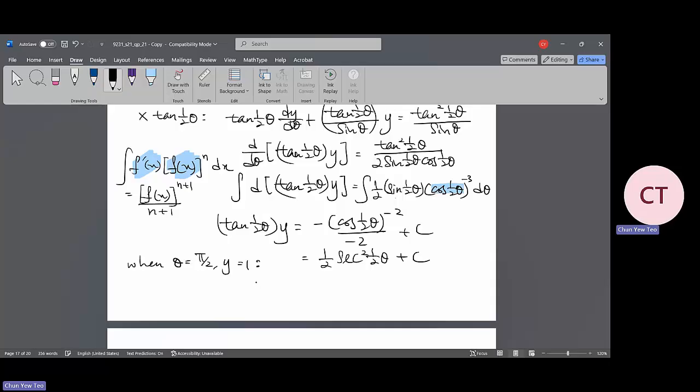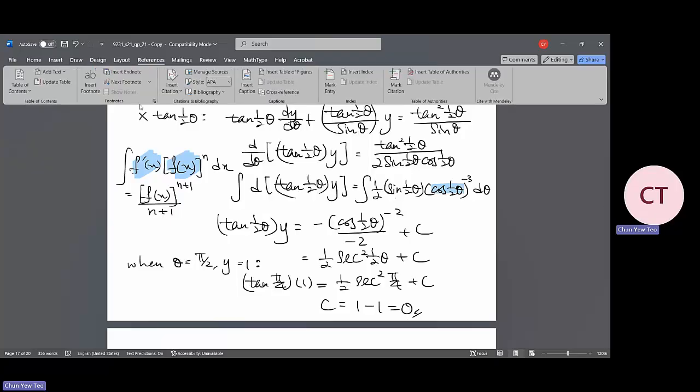So theta equal to pi over 2, then you get tangent pi over 4 multiplied by 1 is equal to half of secant square pi over 4 plus c. Tangent pi over 4 is 1, so 1 minus half secant square pi over 4. Secant square pi over 4 is 2. So c is 0.